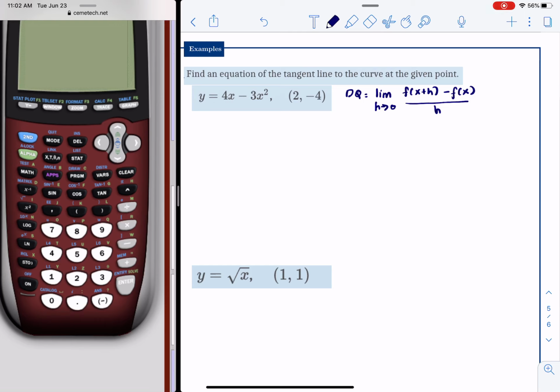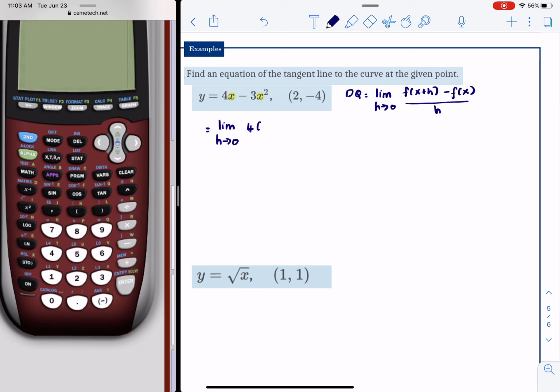Now, keep in mind, you can't simply plug in this formula and apply the limits directly. You would get 0 over 0, an indeterminate form. So be very careful. We have to do some algebra here. So I'm going to start with f of x plus h. I'm going to replace the x there by x plus h. Make sure you put the parentheses properly.